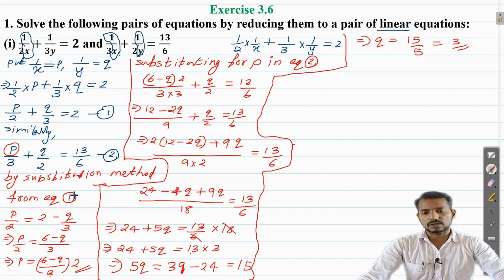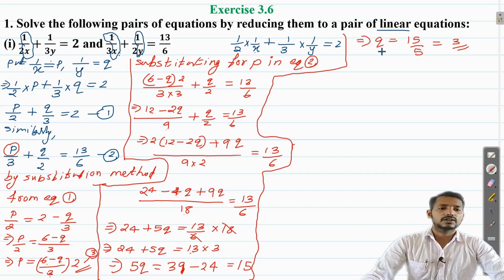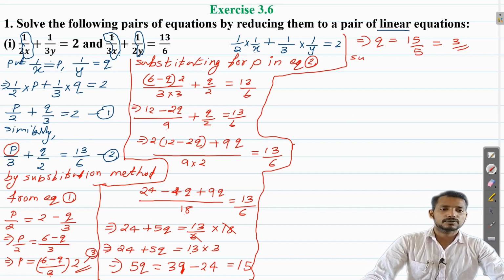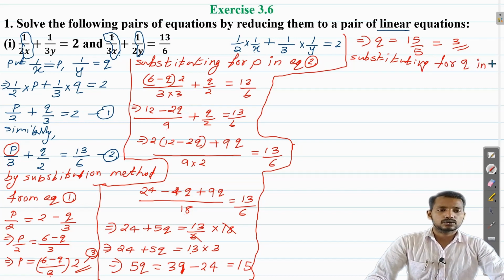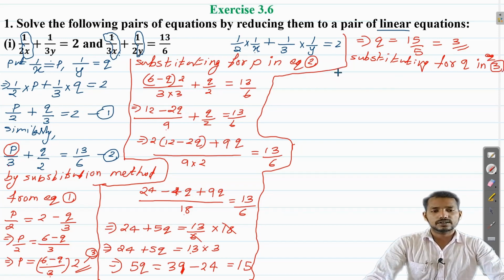Now we need to substitute. This is equation number 3 we have. We have written p in terms of q. Now substituting for q in equation 3, what is equation 3?